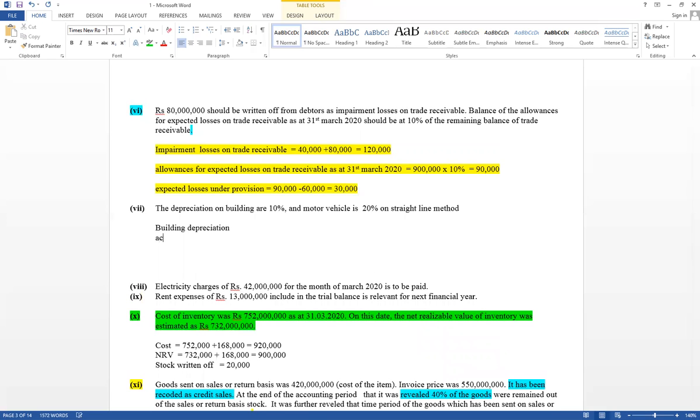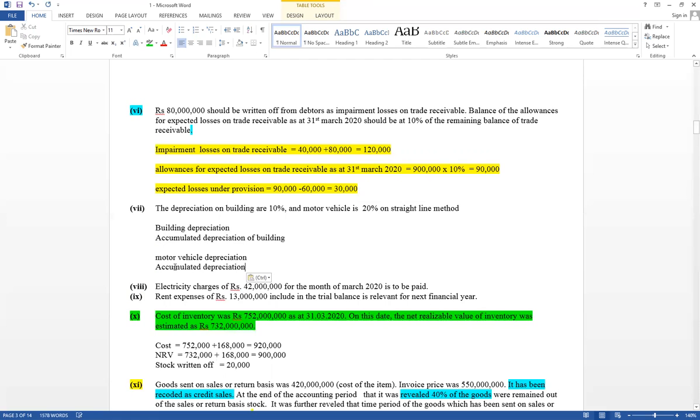Then think about accumulated depreciation of building. In the trial balance the opening balance is given. Motor vehicle is the same way. For motor vehicle you have to calculate depreciation as well as accumulated depreciation of motor vehicle.